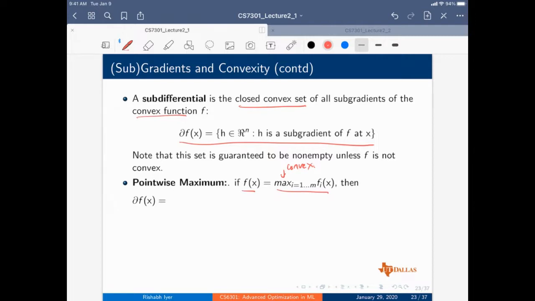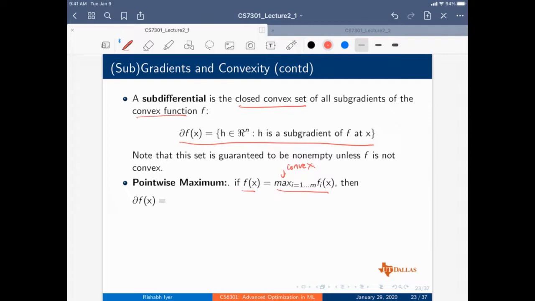Can someone tell me why it will not be differentiable? Any thoughts? The max is not differentiable, right?